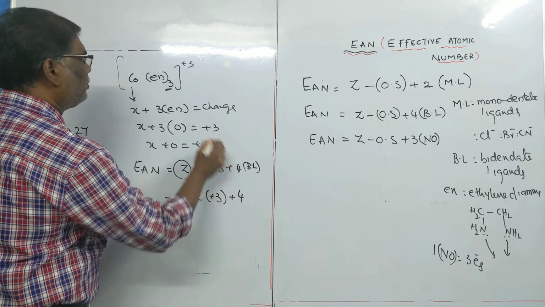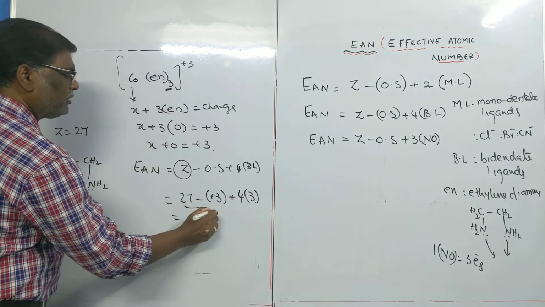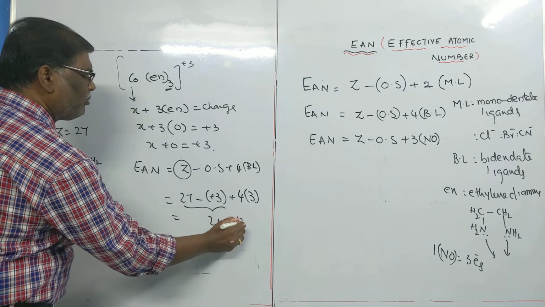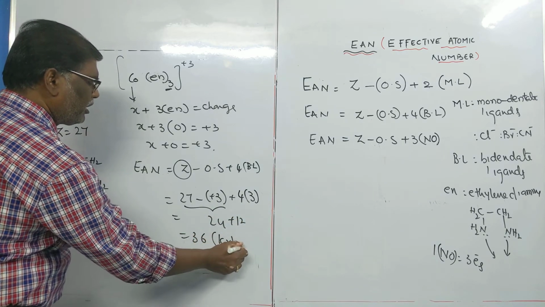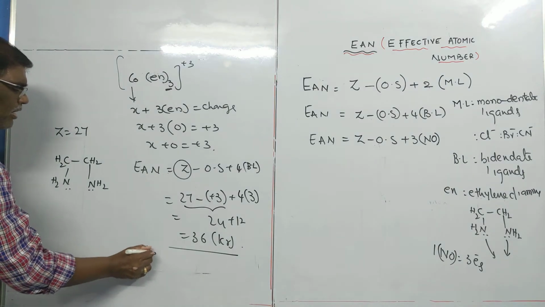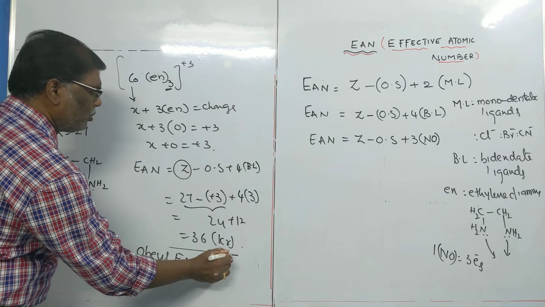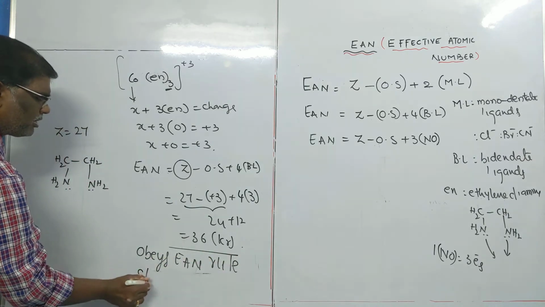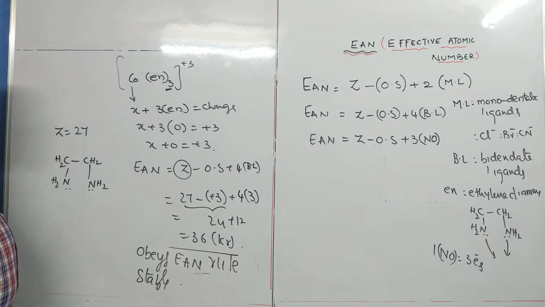So 4 into how many bidentate ligands are there? 3. So totally this is 24 plus 12, which means 36. So it is nothing but the krypton atomic number. So we say it obeys the EAN rule. So this compound is a stable compound.